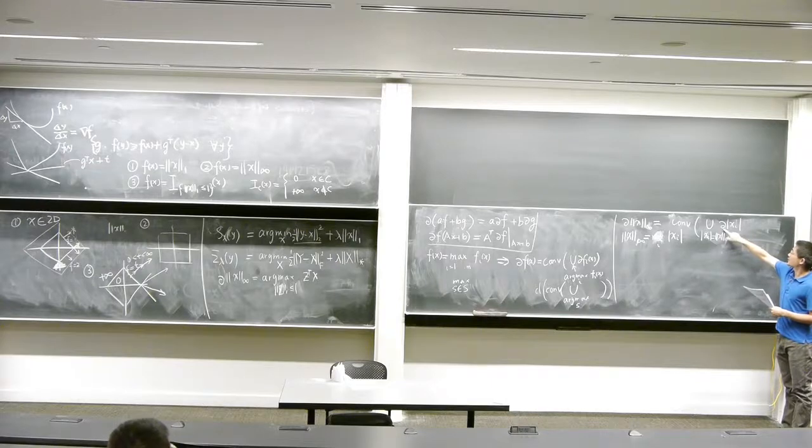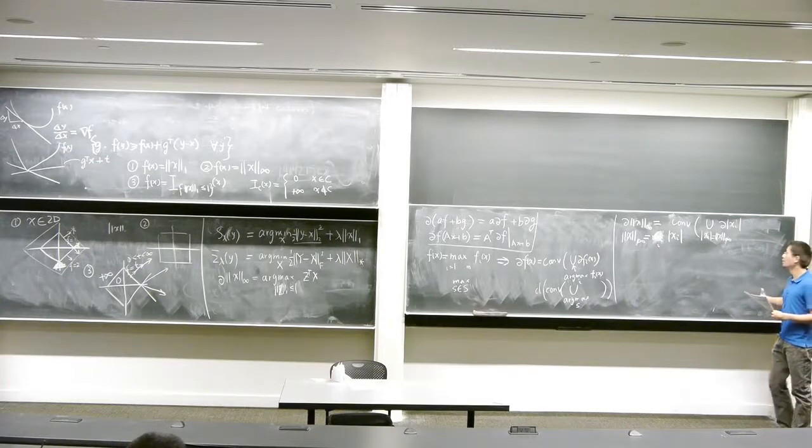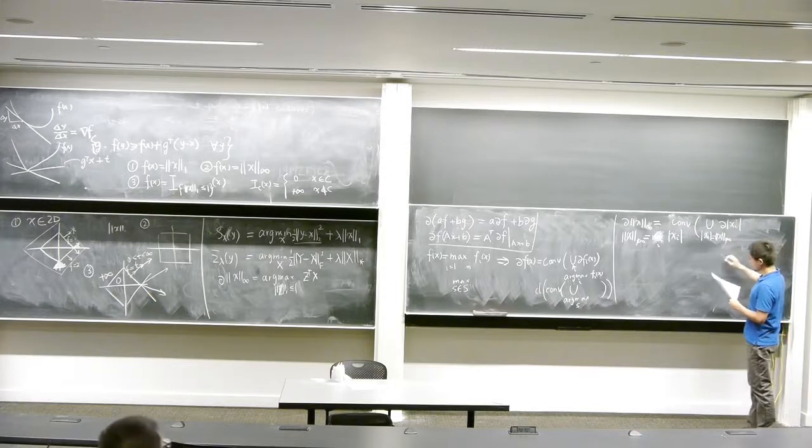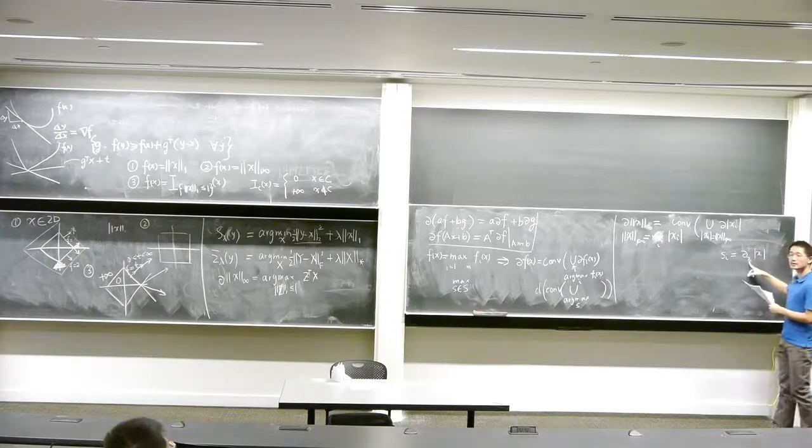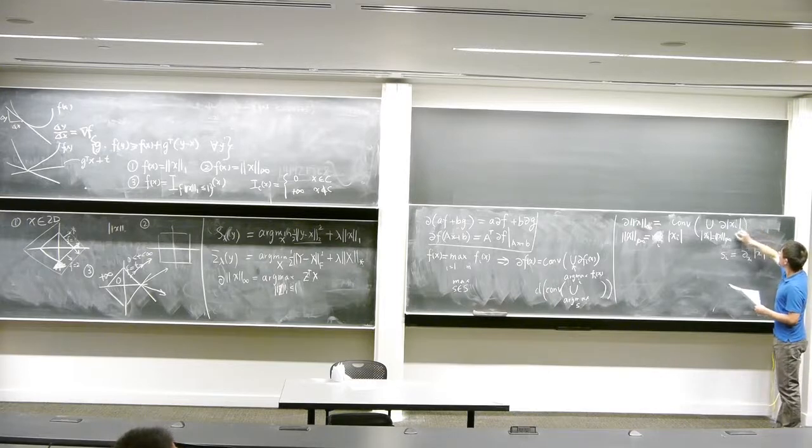Here, the subgradient is towards the vector x. So if I define Si to be the subgradient of xi towards this index, this entry, then basically this part becomes Si times Ei.